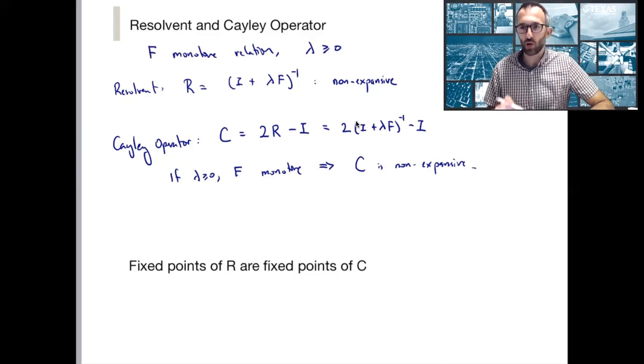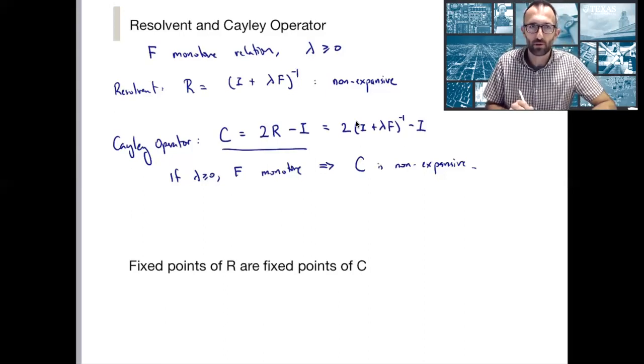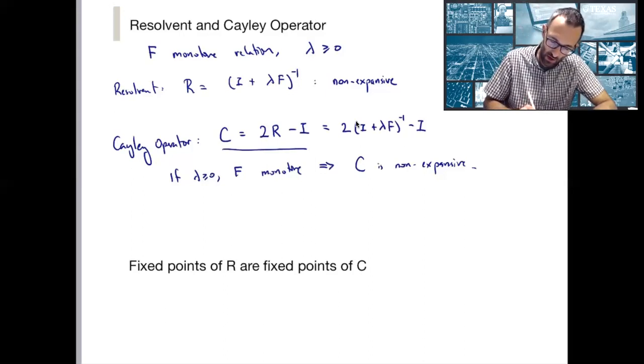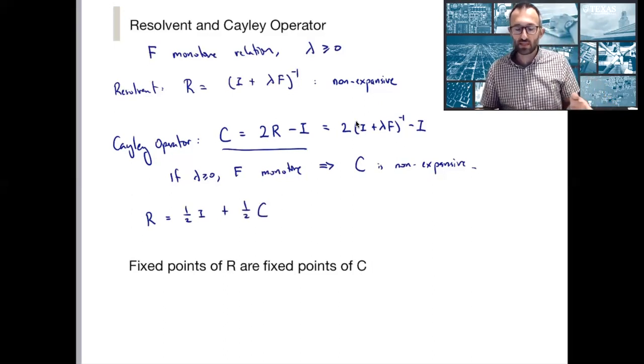Once we have the second property, we know something else about the resolvent. Note that just from the definition of the Cayley operator, we have that R is equal to 1/2 times the identity plus 1/2 C. So what does that mean? If C is non-expansive, that means that R itself is an averaged operator, because it's the average of something that's non-expansive with the identity.